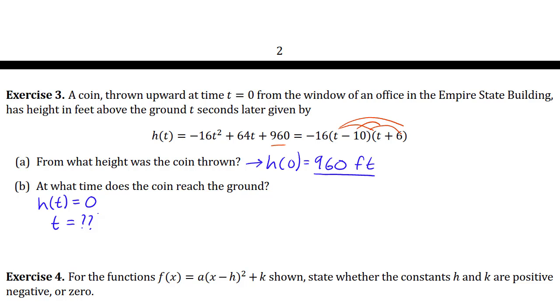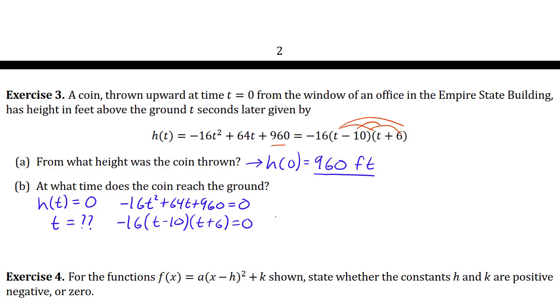So we could either solve the equation negative 16t squared plus 64t plus 960 equals 0. See what t makes that true, but that would be hard. Or, you know, you could also write it in factored form here, which would be negative 16 times t minus 10 times t plus 6 equals 0. And which one of these is easier to solve? Definitely this one, the second one.